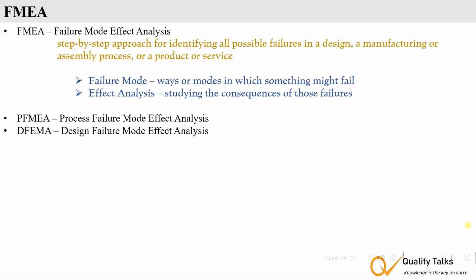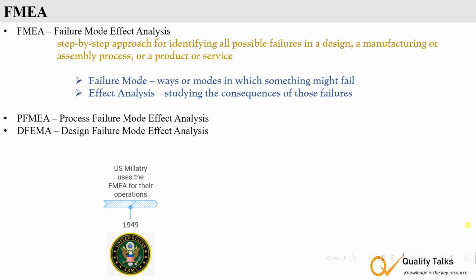Let's discuss the history of FMEA. FMEA came into existence in 1949 when the US military used the FMEA for their operations. In 1960, NASA adopted the FMEA for their missions.